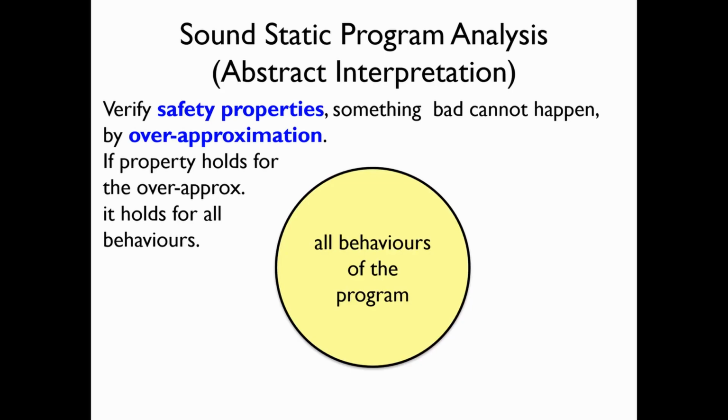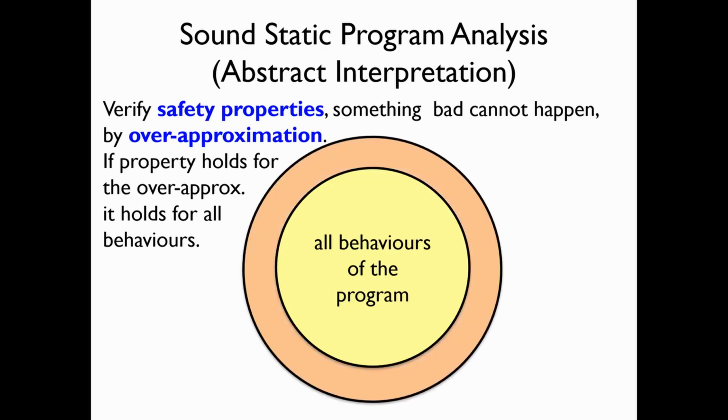It is the latter option we choose. How do we do this? We consider a superset of behaviors, a set including all legal behaviors, but possibly also some infeasible behaviors. This is an over-approximation of the set of legal behaviors.